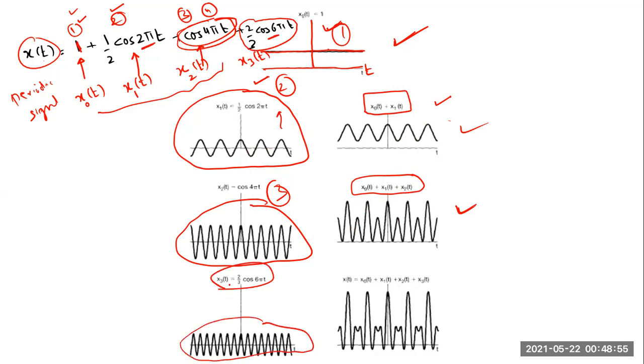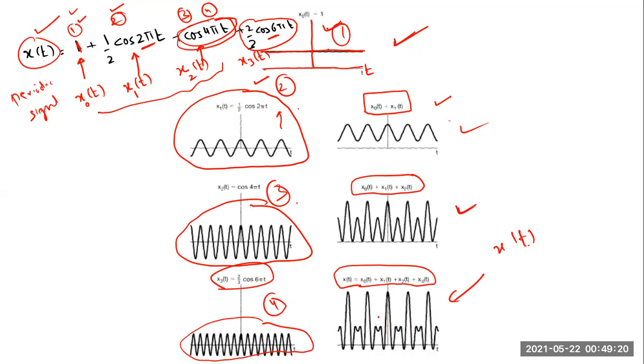Okay? And if you add all of them together to get to the actual signal x(t), you add them together, which means this signal, this signal, this signal, and this fourth signal, your resultant signal is going to be x(t). And you can clearly see that it's a periodic signal. It is repeating its pattern.